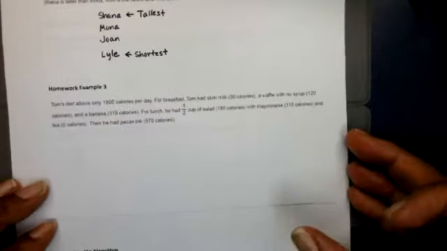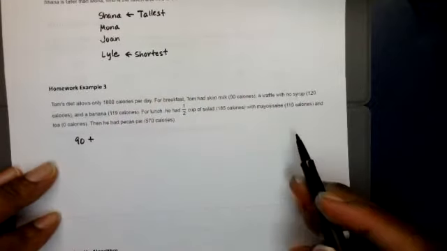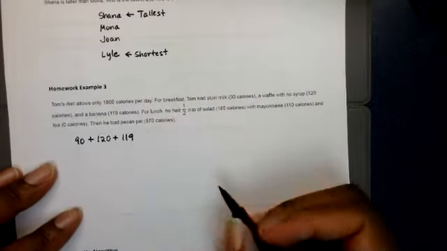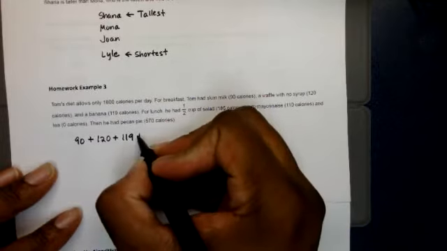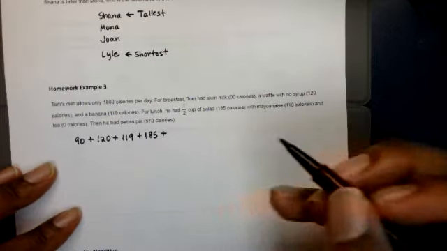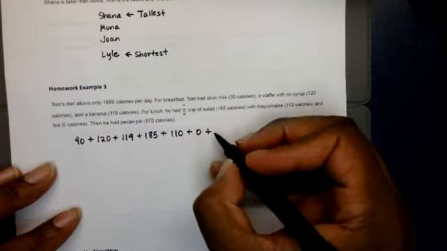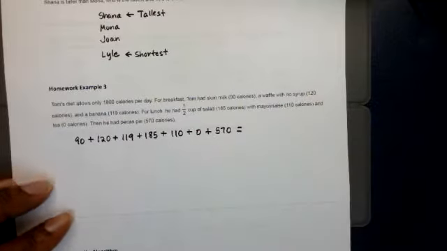All right, so now let's look at what he has already had. Skim milk, which is 90 calories, plus a waffle with no syrup, 120 calories, and a banana that's 119 calories. Then for lunch, he had half a cup of salad, that's 185 calories, and then with mayonnaise, 110 calories. Tea has no calories. And then he had a pecan pie, 570 calories.